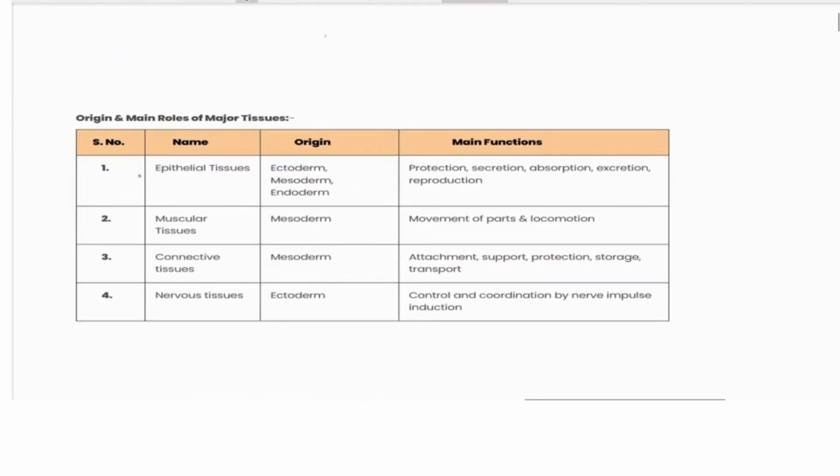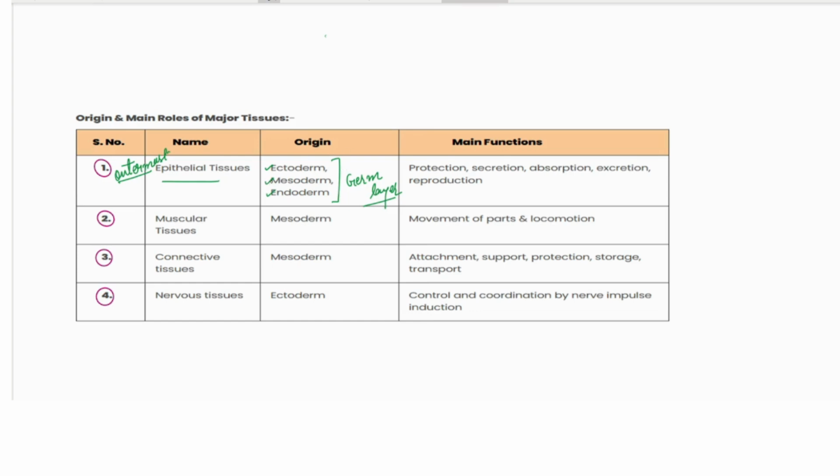Here the first one is the epithelial tissue, the second is the connective tissue, the third is the muscular, and the fourth is the neural or nervous tissue. First, the epithelial tissue is originated from the combination of all three germ layers, because it is the outermost layer. All three germ layers play a role in its origination.